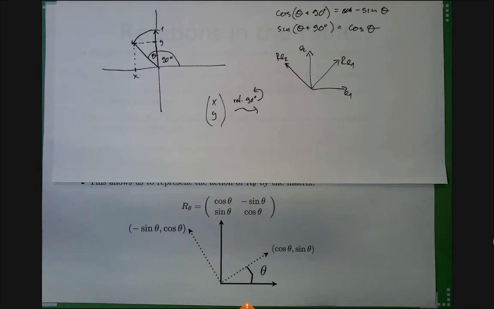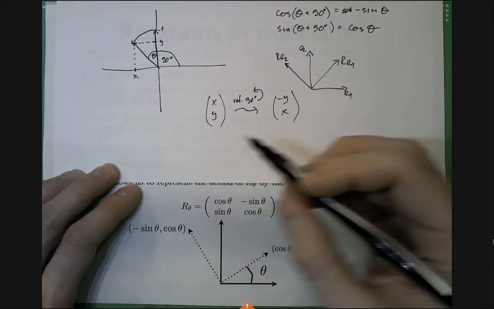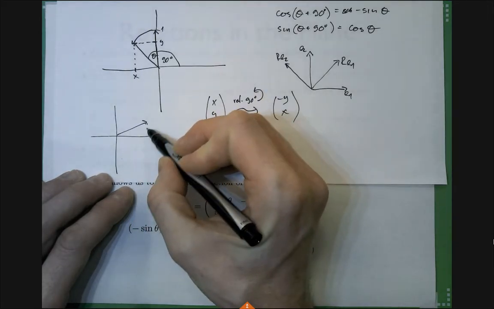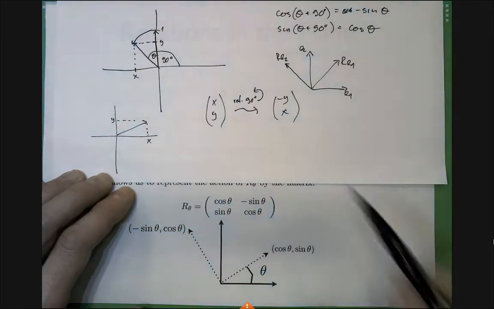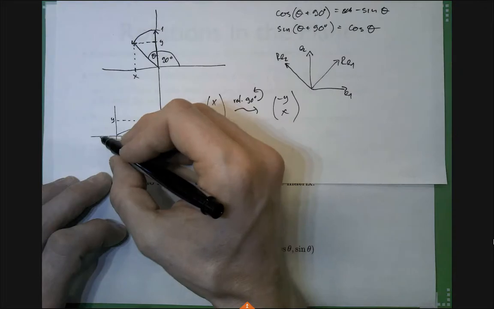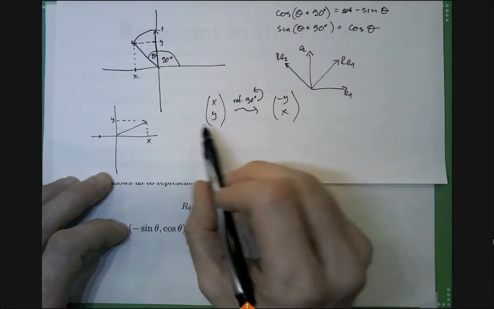That's right, you can do minus y. It's very obvious if you draw the picture. If this is x and this is y, then minus y becomes x, so this is my new x, and x becomes y.